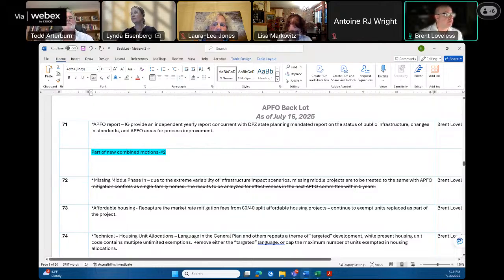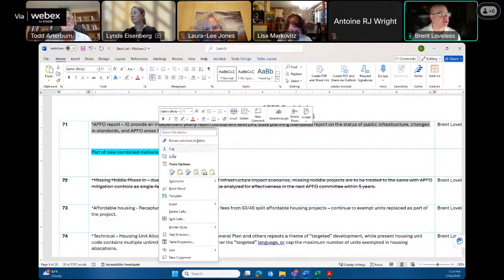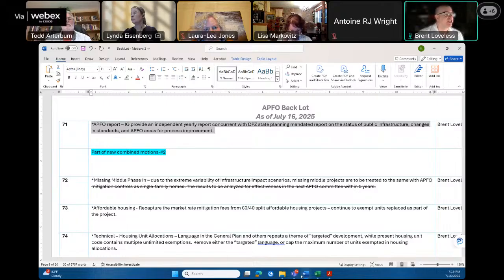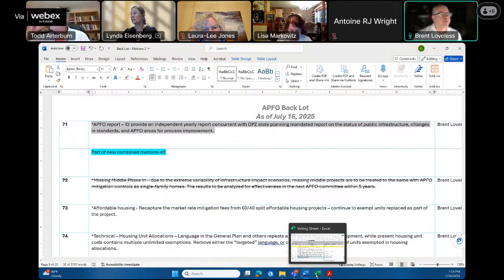A motion that IG provide an independent yearly report concurrent with the DPZ state planning mandated report on the status of public infrastructure, changes in standards, and APFO areas for process improvement.